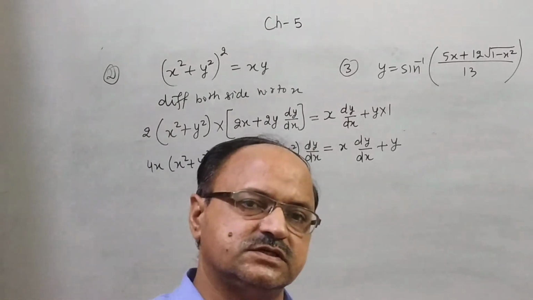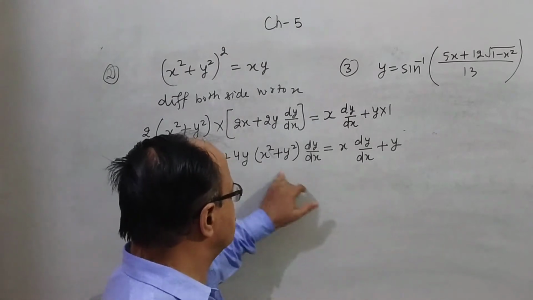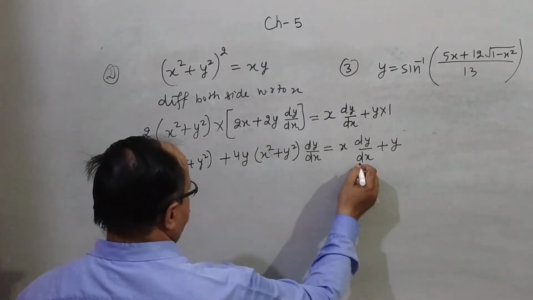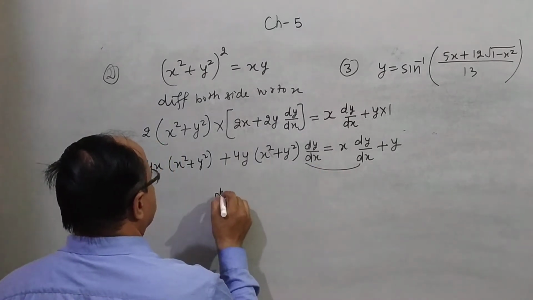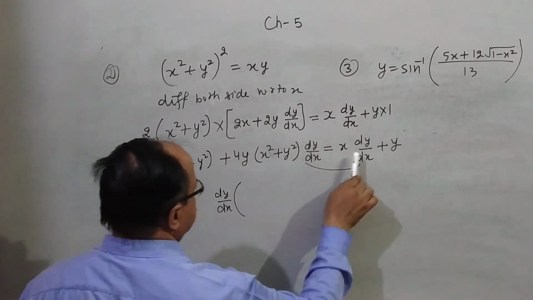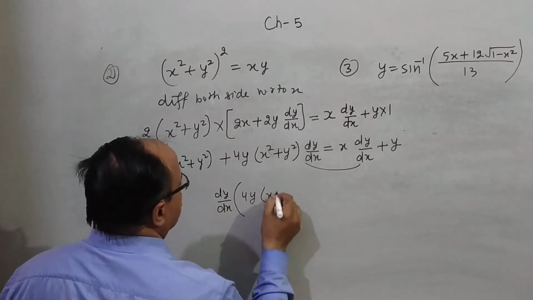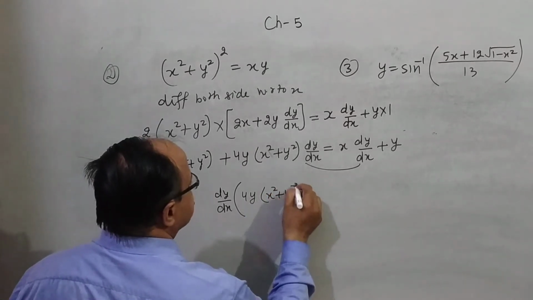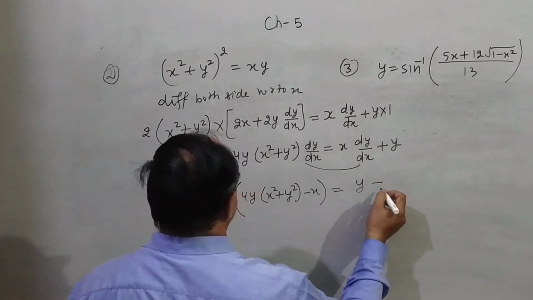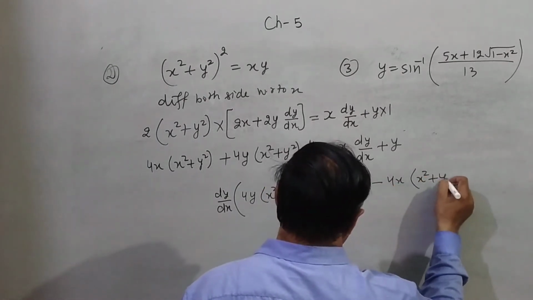Now transfer those terms which contain dy by dx. Shift this term to the left hand side. That is dy by dx. You can take common from these two terms, that is 4y(x square plus y square) minus x. That is y minus 4x(x square plus y square).